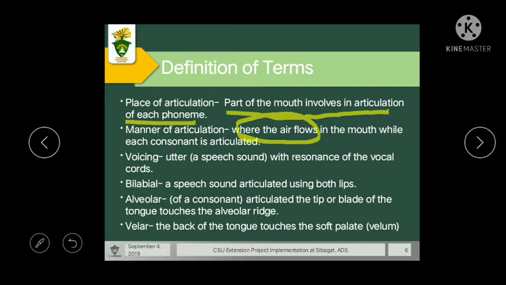Let's proceed to bilabial: a speech sound articulated using both lips. Alveolar is articulated when the tip or blade of the tongue touches the alveolar ridge. Velar is when the back of the tongue touches the soft palate, or the velum.